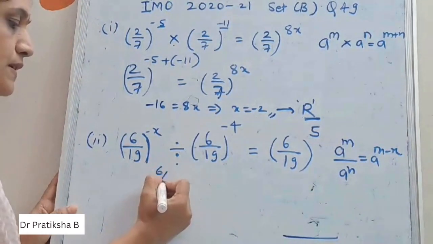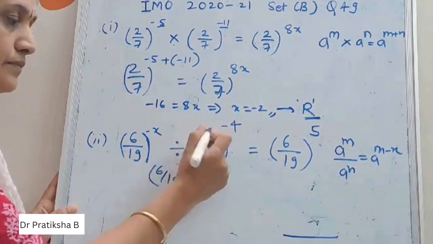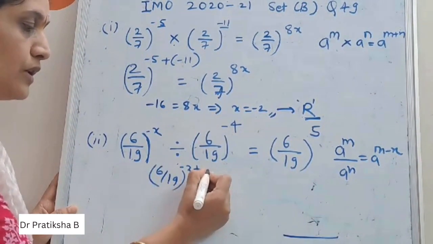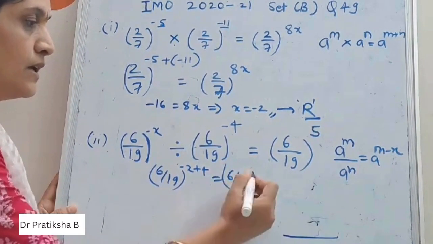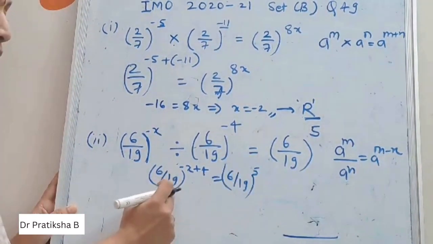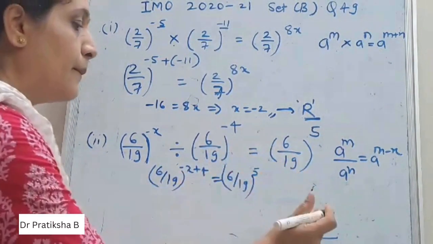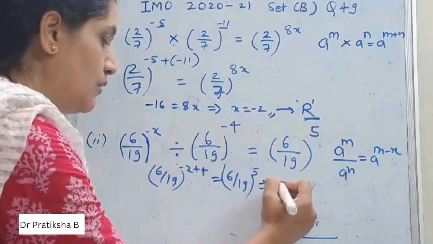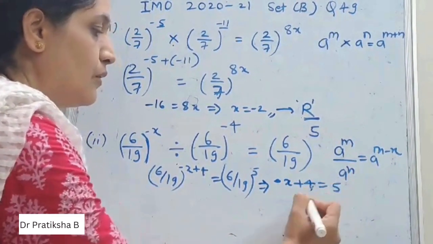What you get? 6 by 19 raised to minus x minus of minus 4, that is plus 4, will be equal to 6 by 19 raised to 5. Now again we have the common base. We will be equating the power or index, that gives you minus x plus 4 will be equal to 5.